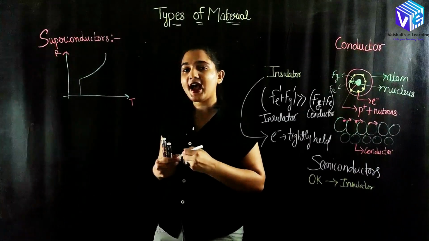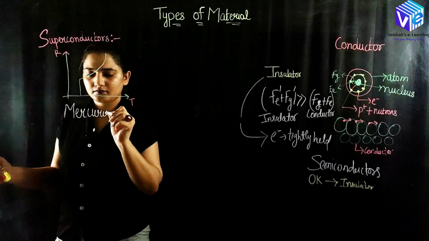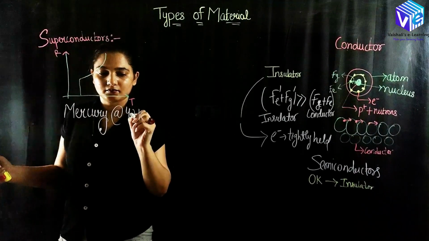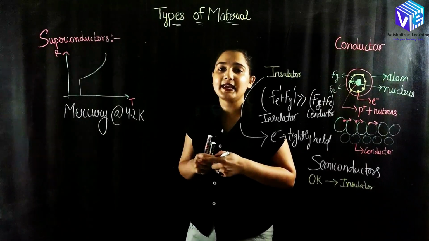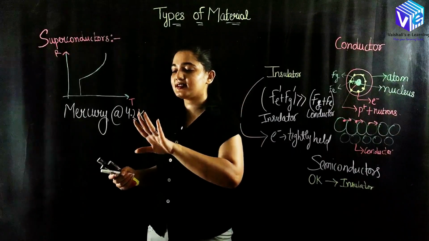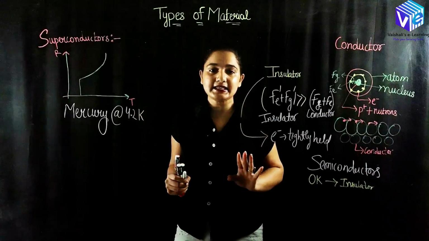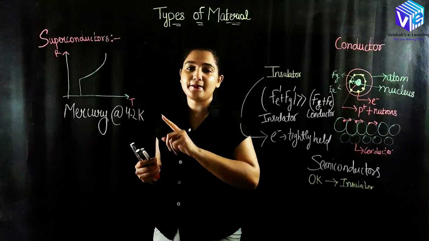Okay, so now if I have to give you an example, mercury at 4.2 Kelvin is behaving as a superconductor. This temperature is really low and we cannot have practical applications at this temperature.